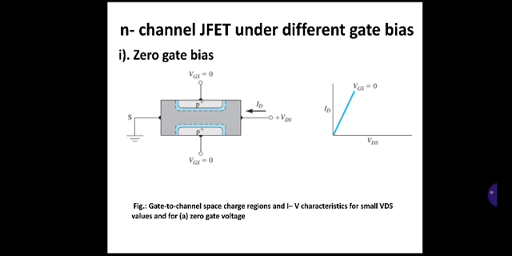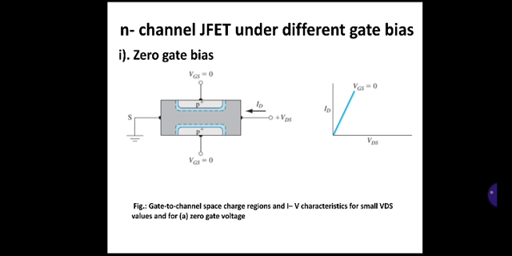So as you can see from the figure, the characteristics between VDS and ID are linear when VGS equals 0. The gate to source voltage is 0 and you are applying a small positive voltage at the drain terminal, so you will get a linear characteristic.